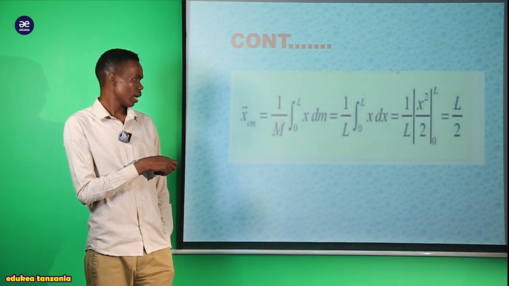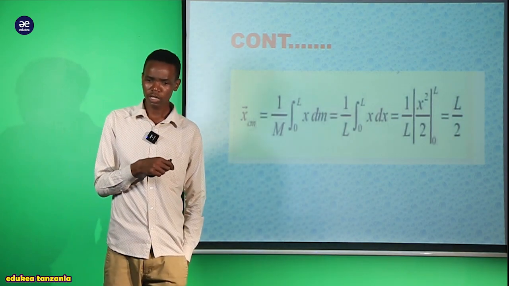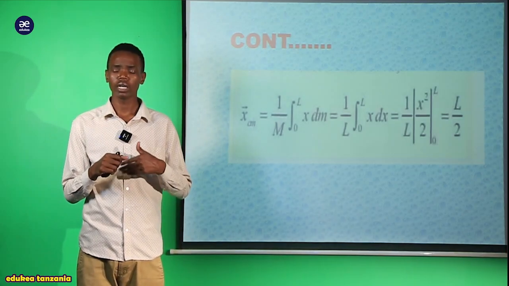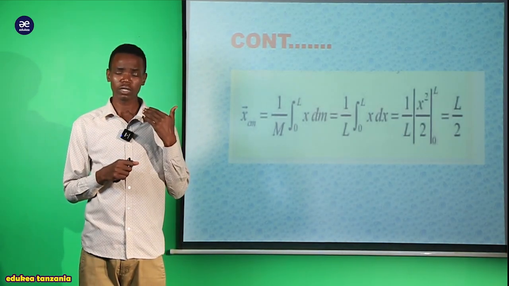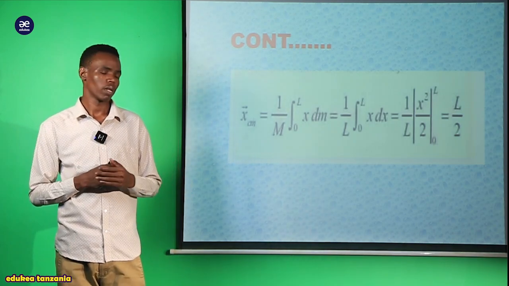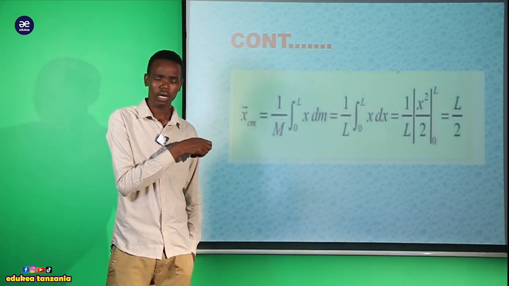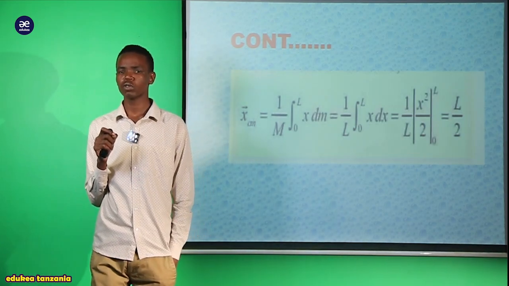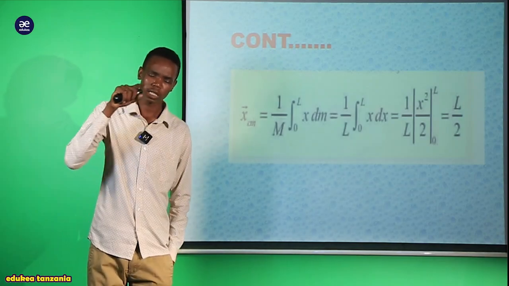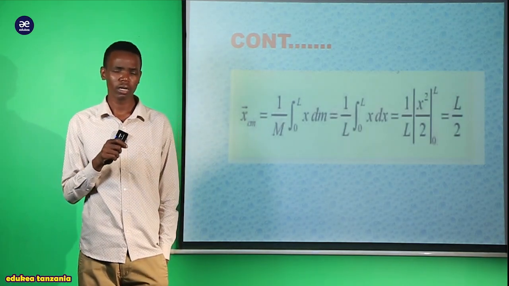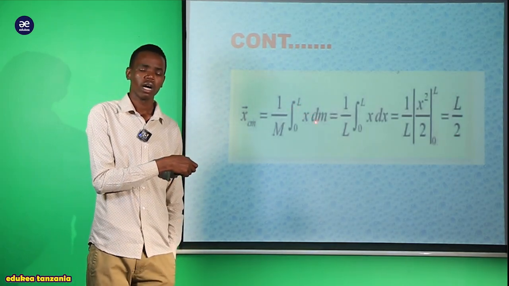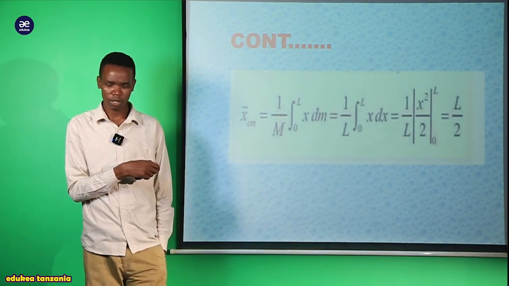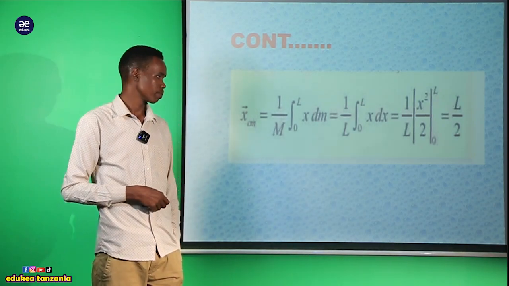But here, because our rigid body is continuous, not discrete, we integrate from 0 to L. For our ruler, from the axis of rotation it starts at the origin, which is 0, up to the center point, where it rotates, and our distance was equal to L. So we introduce those integrals.